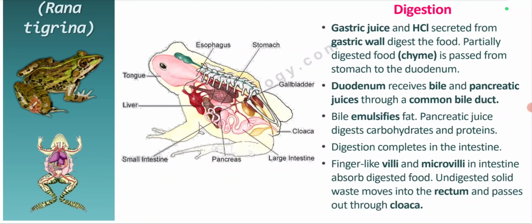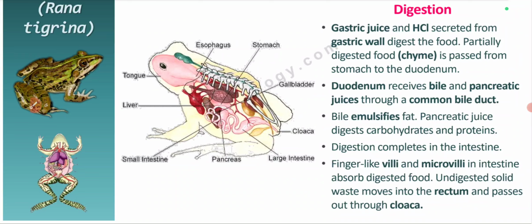Bile emulsifies fat. Pancreatic juice digests carbohydrates and proteins. Digestion completes in the intestine. Finger-like villi and microvilli in the intestine absorb digested food, and undigested solid waste moves into the rectum and passes out through the cloaca. So, same process as in human beings, same in the frog.